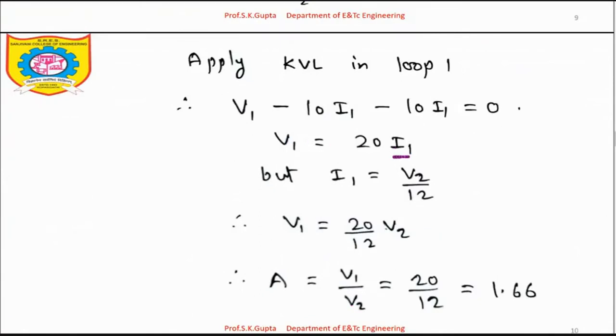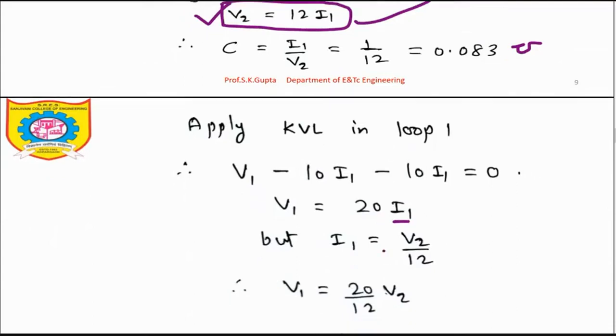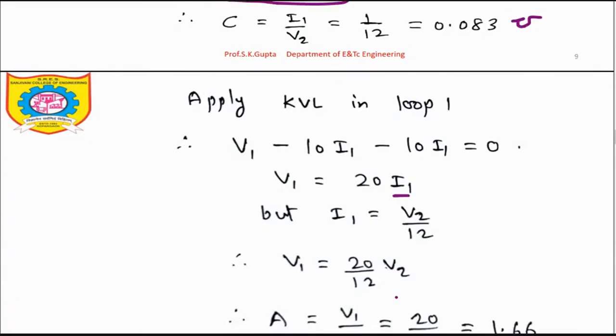What is I1 in terms of V2? Just now we determined V2 equals 12 times I1, that means I1 equals V2 upon 12. Put it here. So V1 equals 20 into 1 by 12 V2, so V1 equals 20 by 12 V2. So V1 upon V2, this V2 will come here.